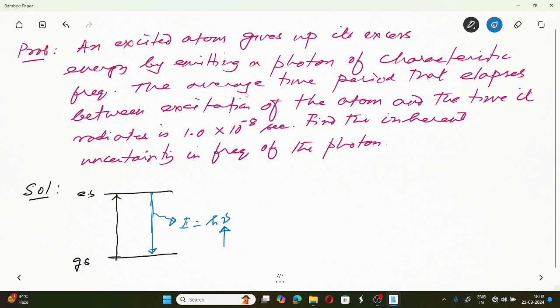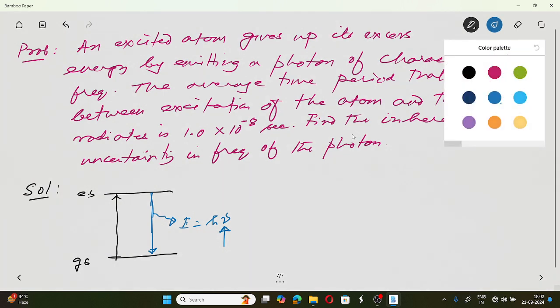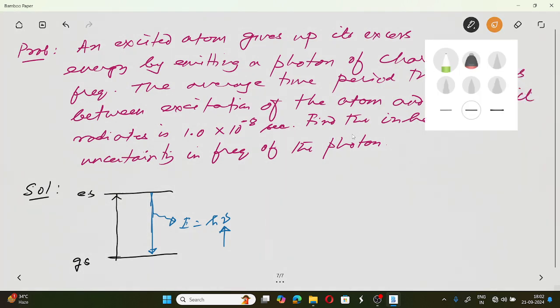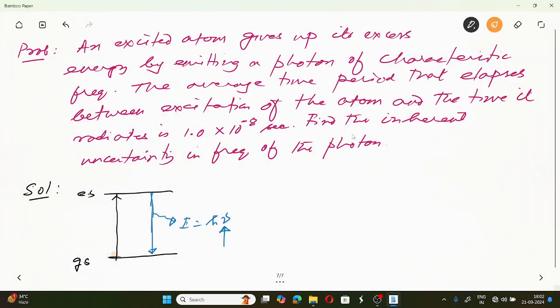Now the average time period that elapses between excitation of the atom and the time it radiates, that means between this process of excitation and de-excitation, is given by eta.